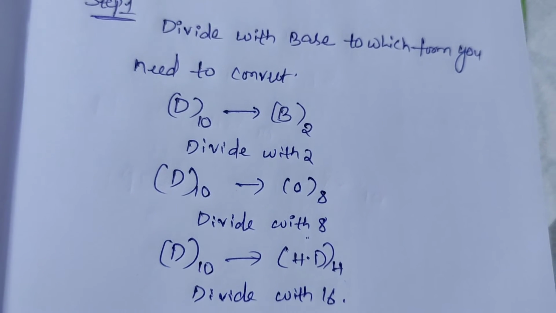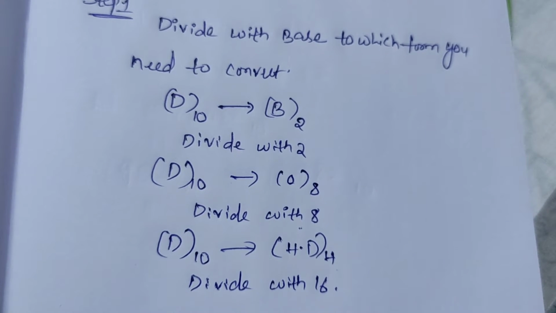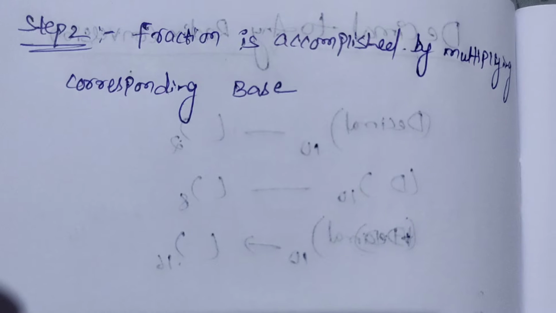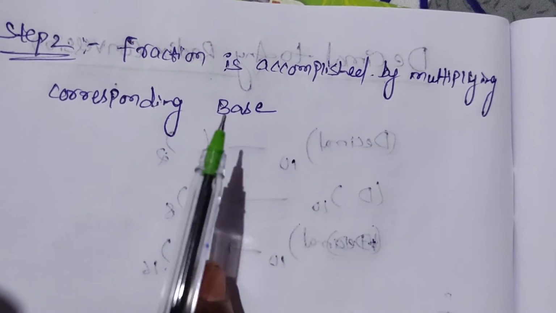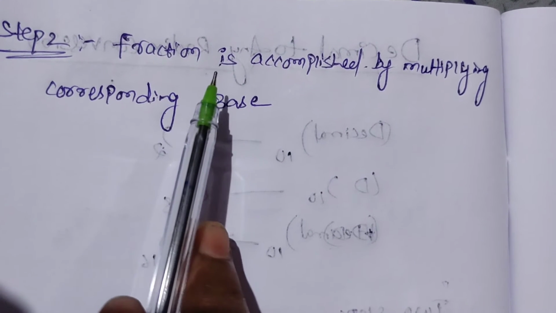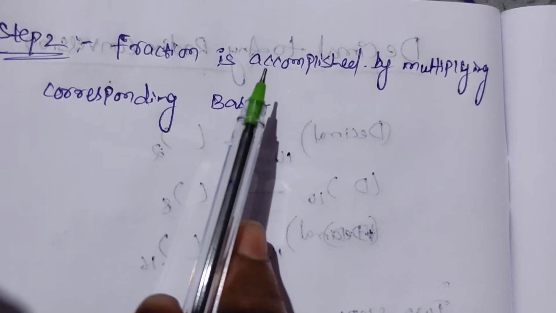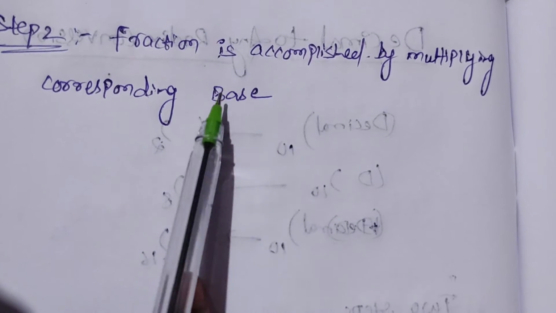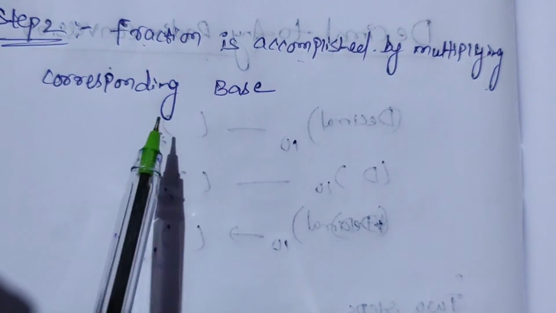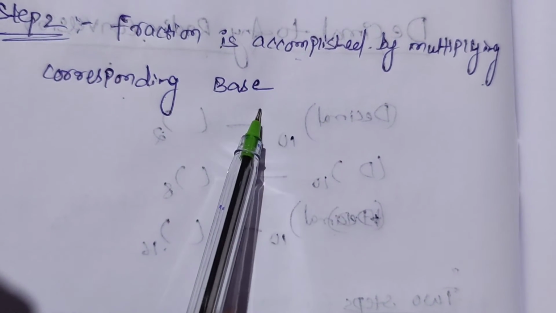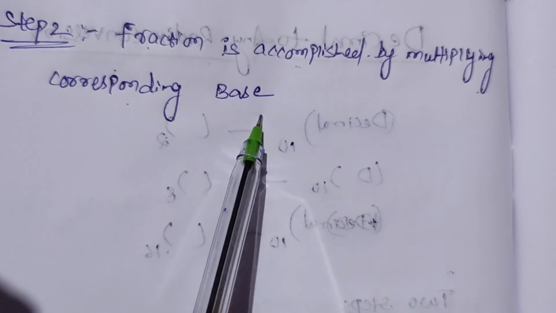In this way, the integer part is converted to its equivalent form. The fraction part is to be converted to its equivalent binary or octal or hexadecimal form. For that, the fraction part is to be multiplied with the corresponding base. So in this way, the fraction part is also converted.